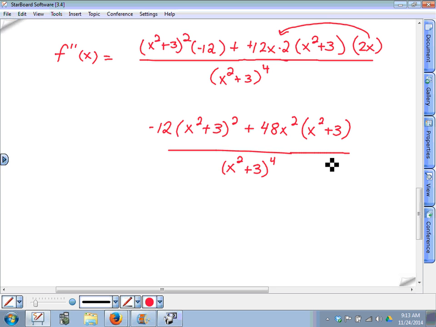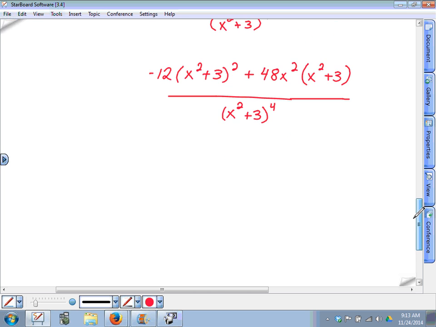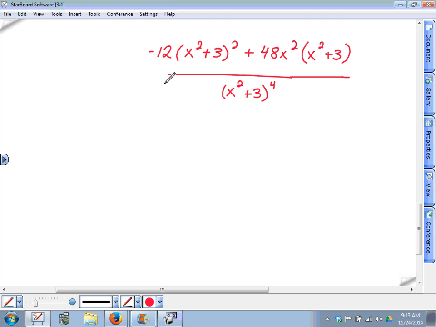So what can we factor out of the entire numerator? It may help to simplify this a little bit more before we start trying to do the second derivative thing. Wait, is this just the first derivative?